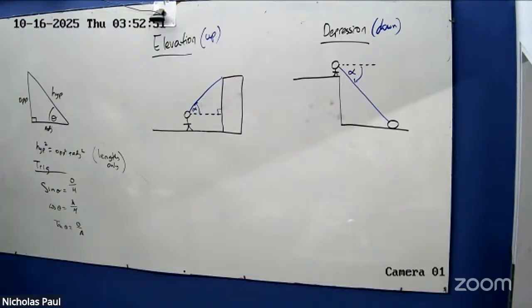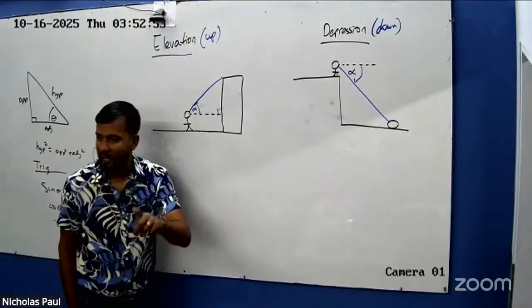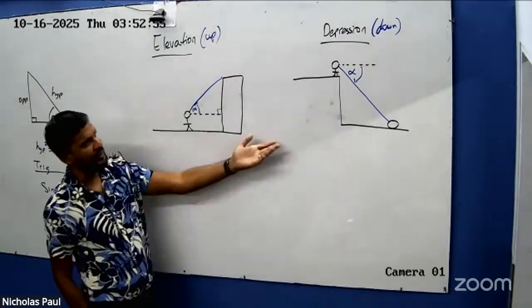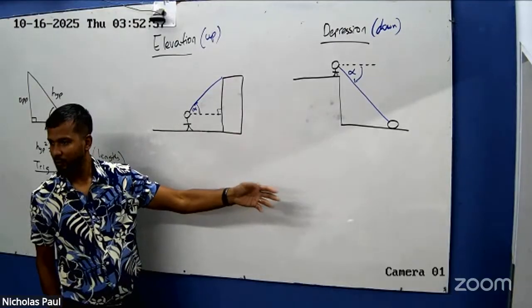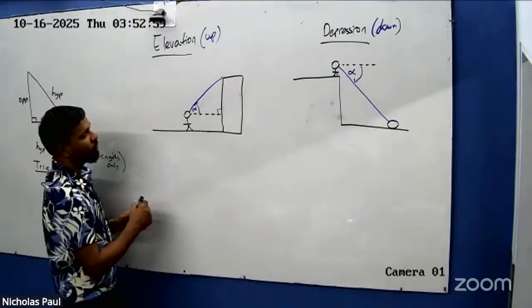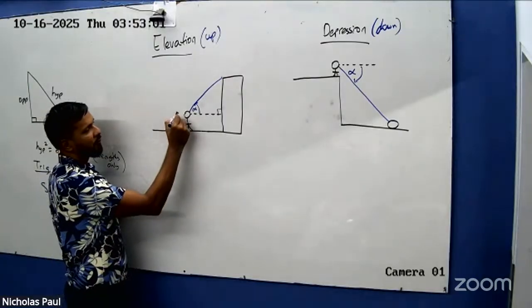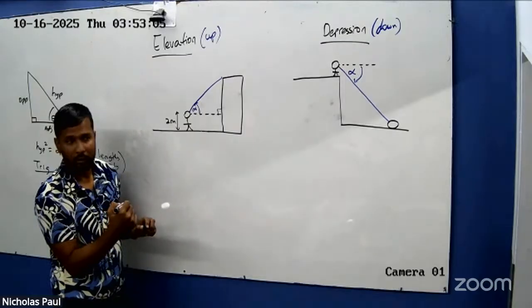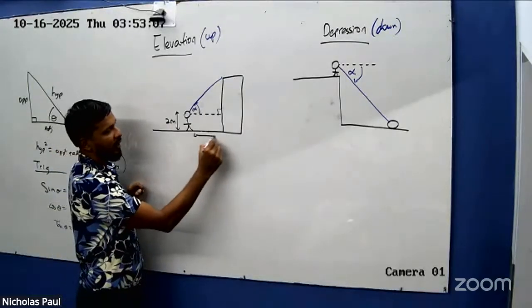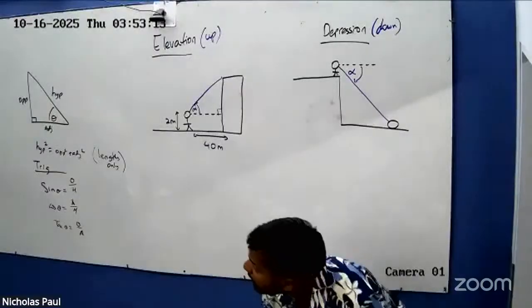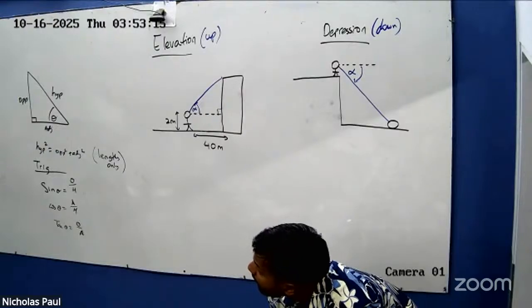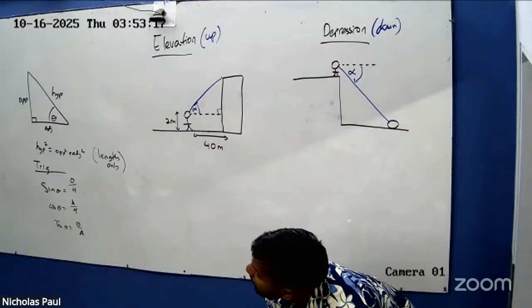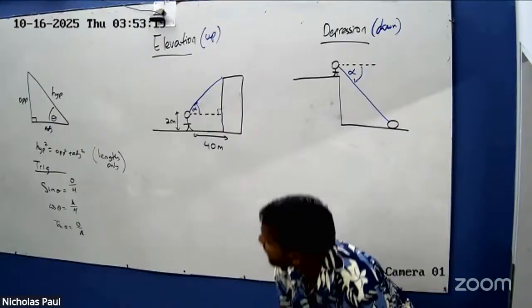Ready? So let's see if we can put all that info into a diagram. Which diagram are we using? The first one. So how tall is Sam? 2 meters. What else do we know? 40 meters away, so here to here is 40.